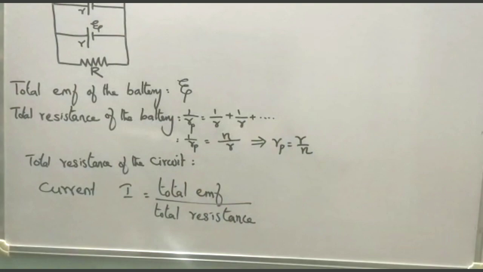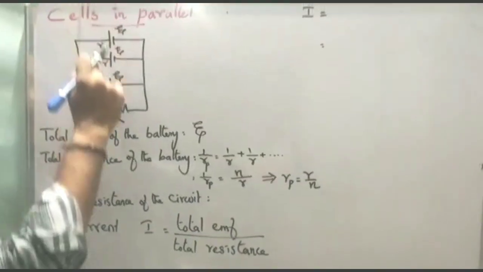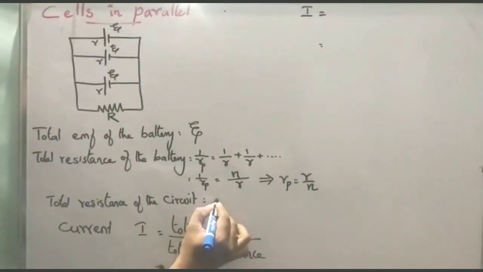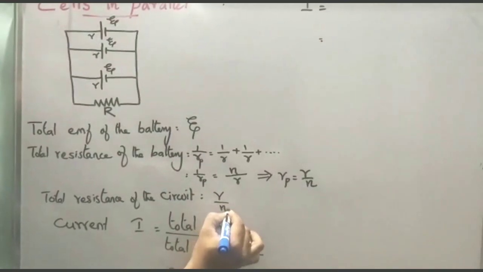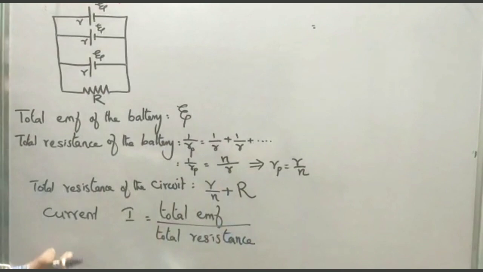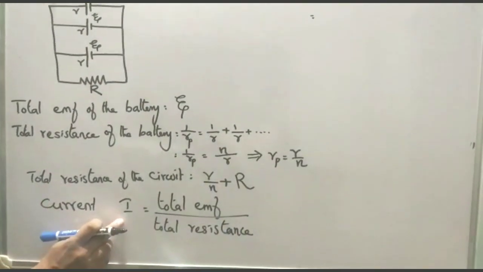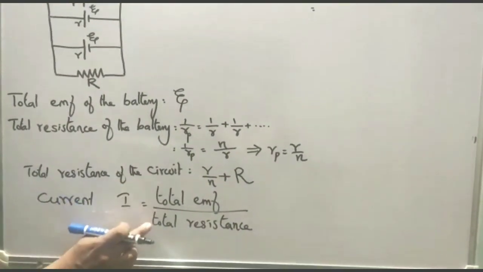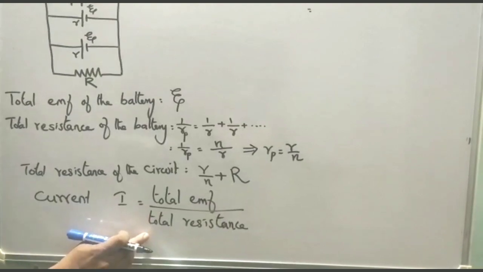Total resistance of the circuit will be now r by n plus capital R. Then the current flowing through the circuit I is equal to total EMF by total resistance of the circuit.